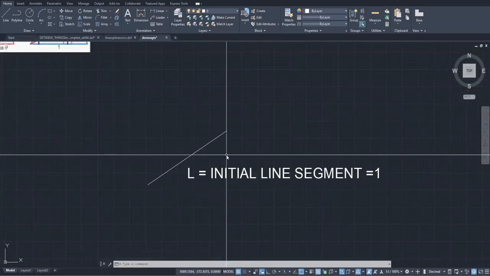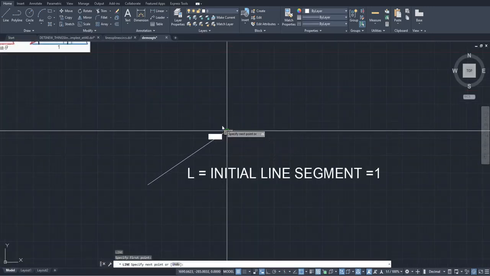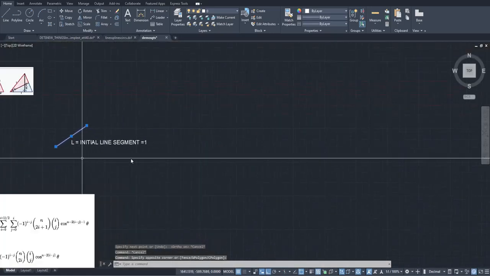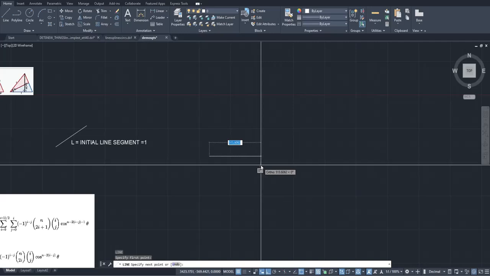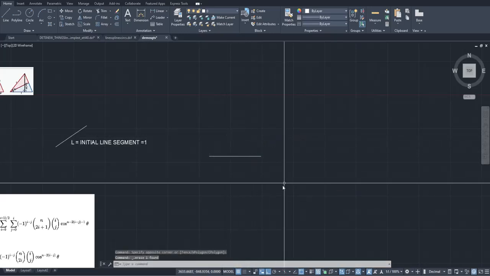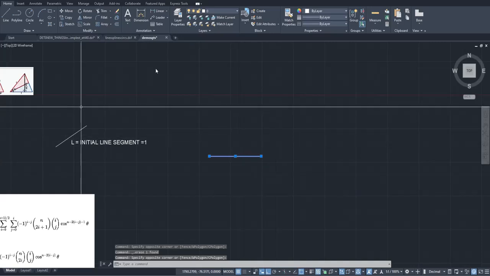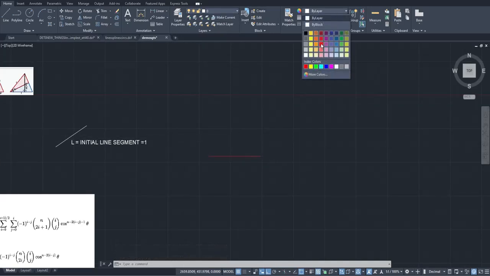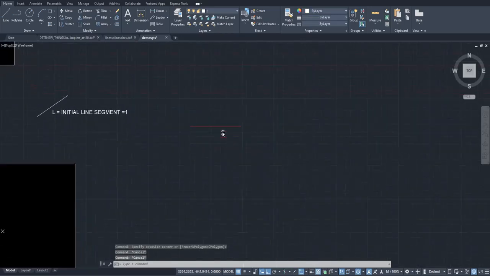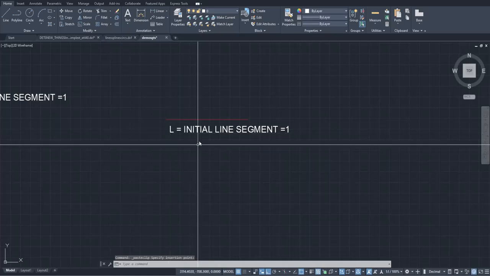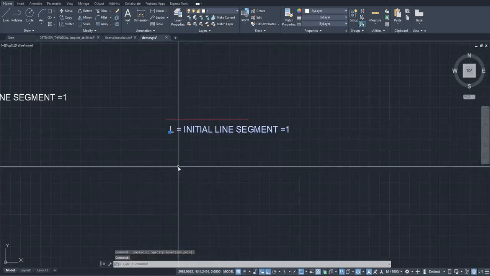Suppose there is a triangle like this, and say this is L, whatever the length it is. We take it as L with the red line color, and it can become the hypotenuse, the base, or the perpendicular, depending upon the conditions we are thinking about.